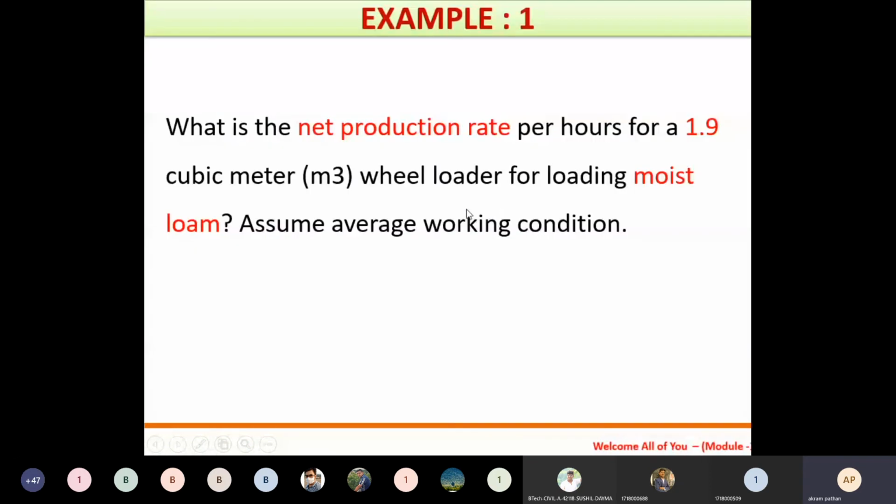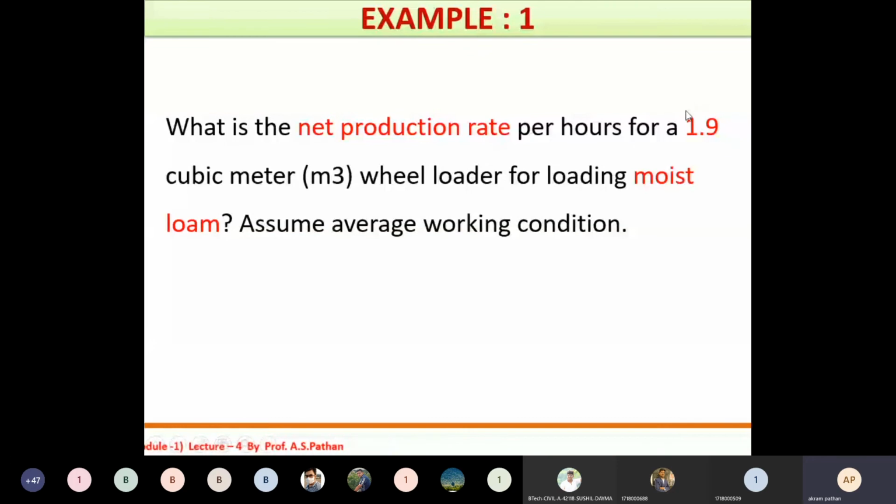Then the first example, this example is very important, and we are going to solve this example. The first example is based upon the net production rate. So what is the net production rate per hour for a 1.9 cubic meter wheel loader, if the bucket capacity is 1.9, and for loading moist loam?